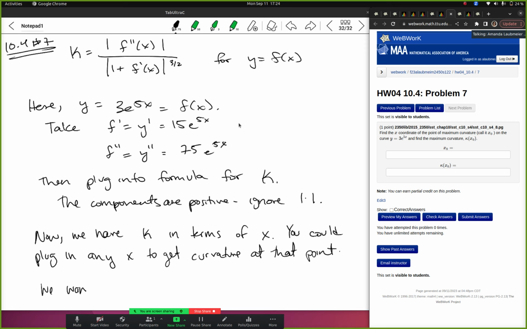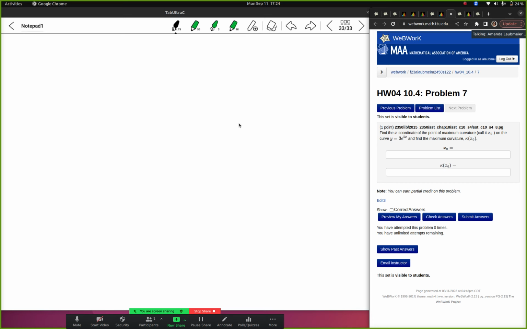What we want is the maximum curvature. And so this is the part where it gets a little bit tricky.